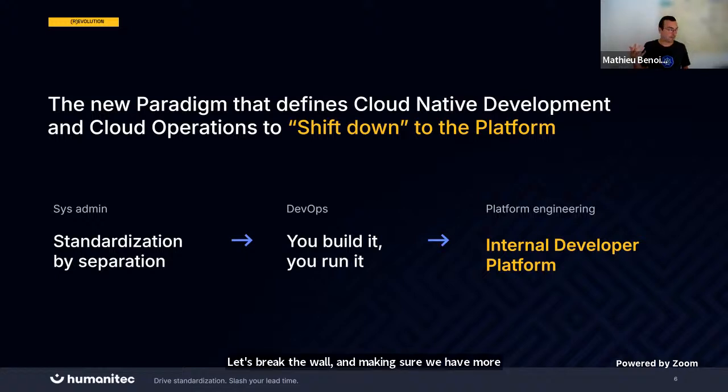But we saw like a deviance, something very bad happening for the developer, because it was this you build it, you run it philosophy, if I could say, and it was too much overload on the developer. Because as a developer, if I'm a Python, Java, .NET developer, should I do Kubernetes?